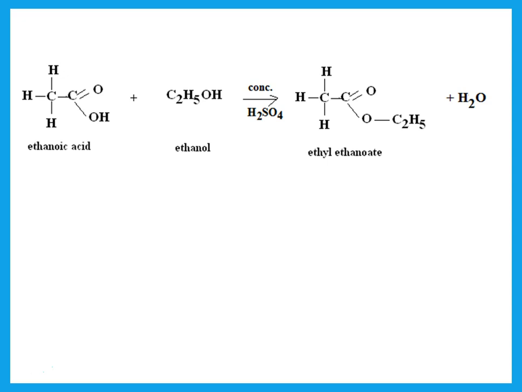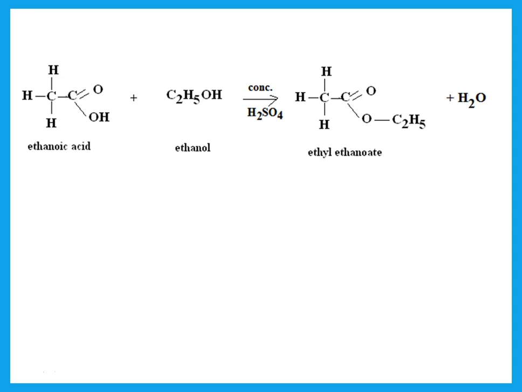Following, let's try again. If I start with ethanoic acid, this has to be a reaction of acid plus alcohol. If we're reacting ethanoic acid with ethanol, what is the product? Remember, it's easier to draw it as I'm going to explain. You draw the part from the acid first.